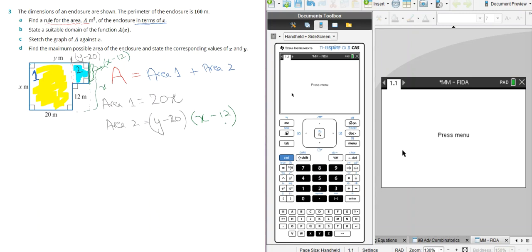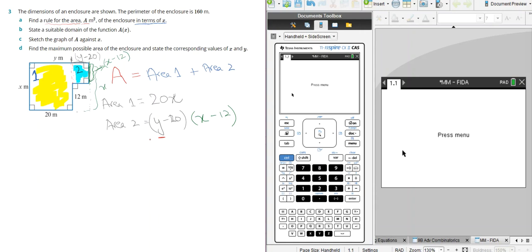Now if you read the question carefully enough, you will see that we need to find the rule for the area in terms of x only. So the problem occurs here when we have this y. We need to make this y in terms of x, so that we can input this into our area equation and have the final answer ready.